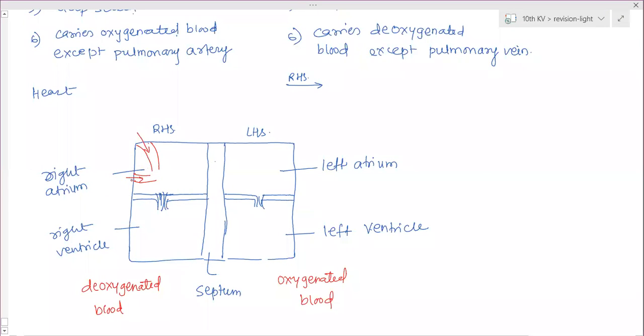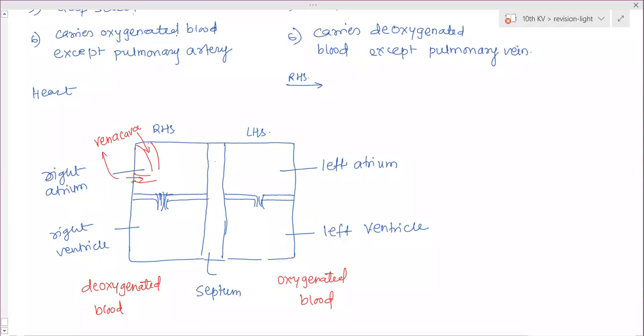The blood enters the right auricle through the vena cava. There are two vena cava, superior and inferior. The superior vena cava is the upper one, so the blood enters from the upper part of the body, through the brain.